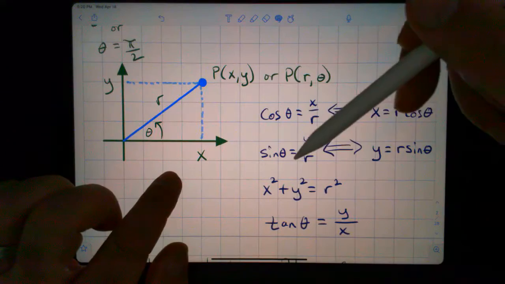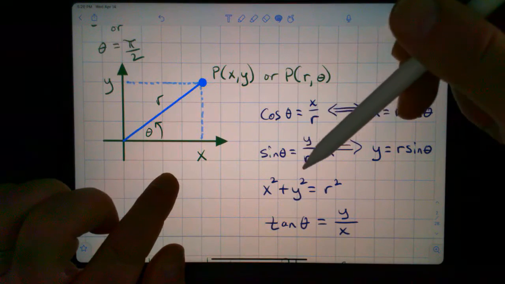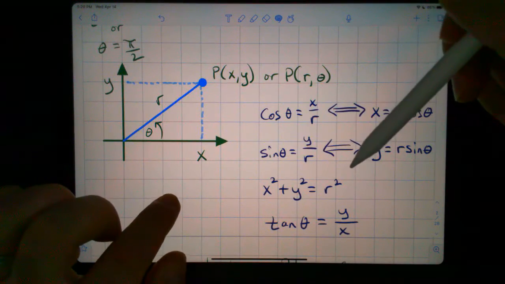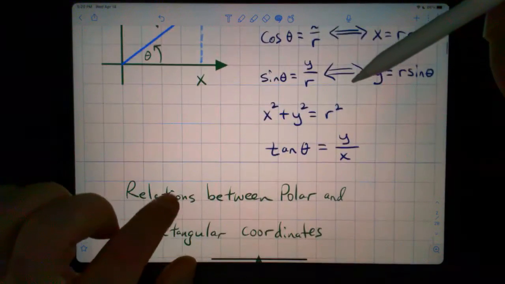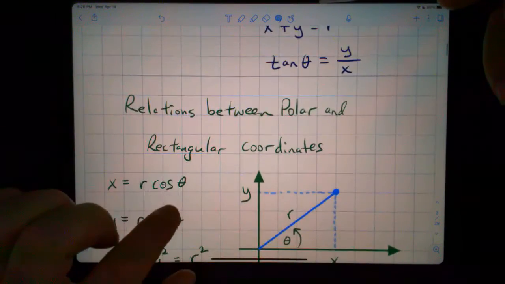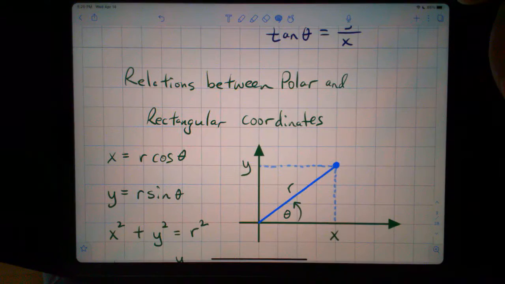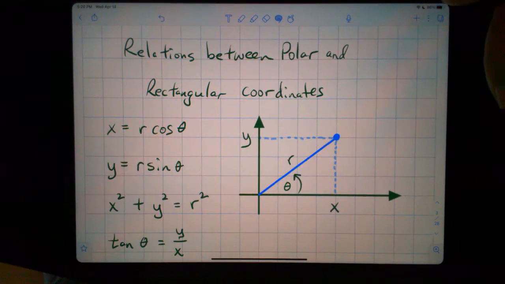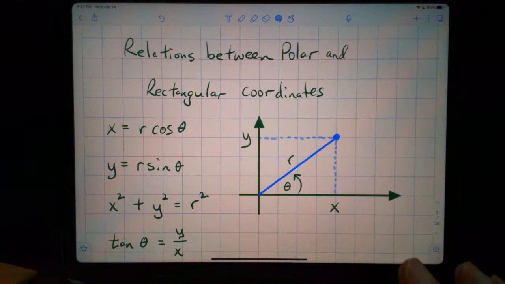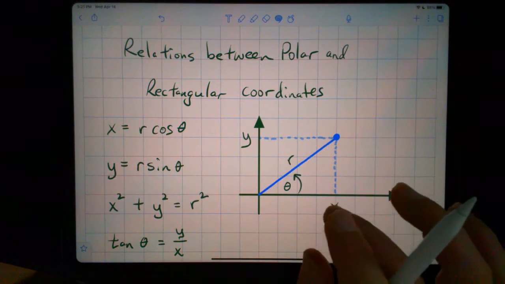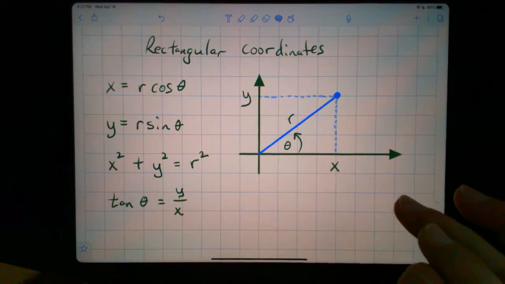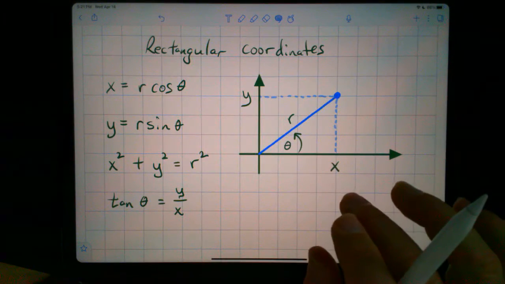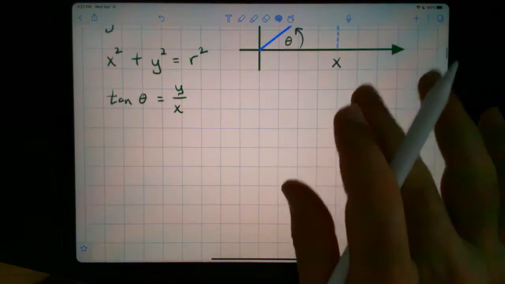We have the circle centered at the origin, x squared plus y squared equals r squared. Tangent is your y over your x. So the relations between polar and rectangular coordinates: x equals r cosine theta, y equals r sine theta, x squared plus y squared equals r squared, tangent theta equals y over x.